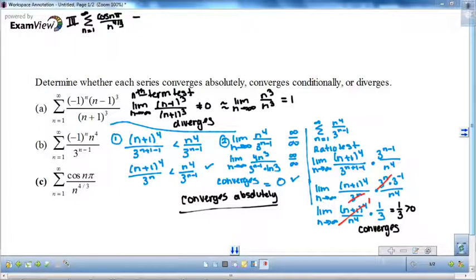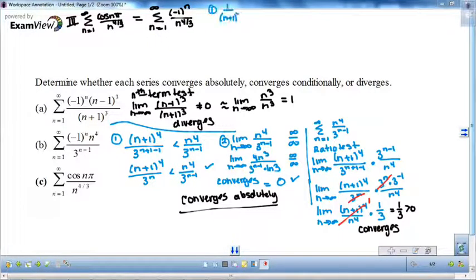Cosine is either going to be 1 or negative 1. So cosine of pi is negative 1. When n is 2, cosine of 2 pi is positive 1. When n is 3, cosine of 3 pi is negative 1. So it's actually an alternating series.